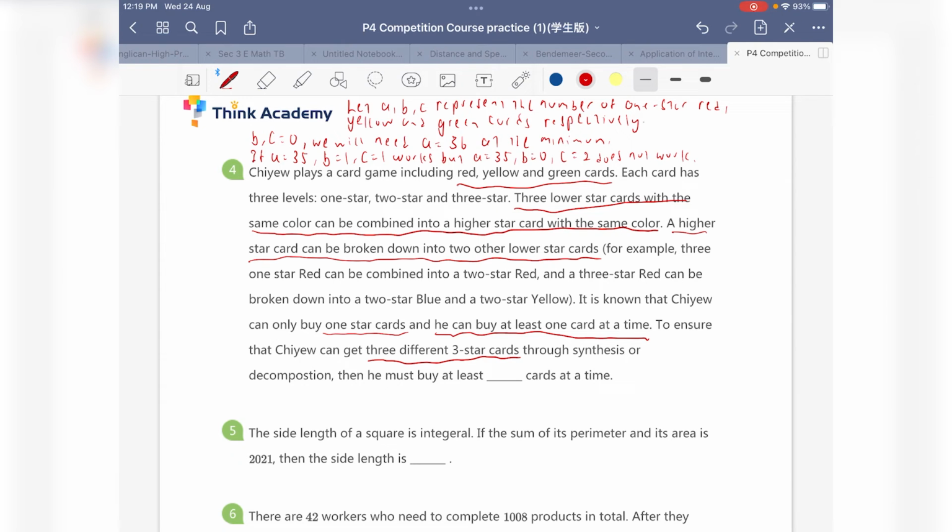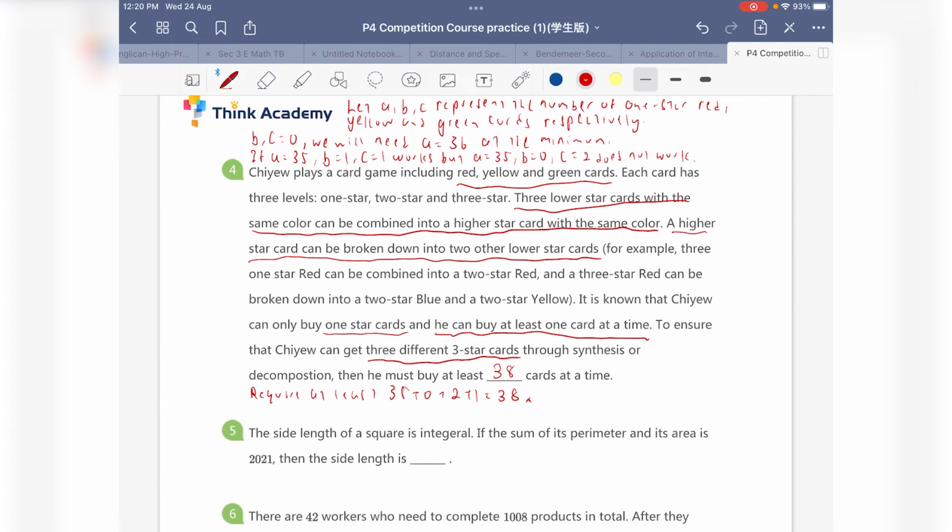If 35, 0, 2 does not work, and we just need one more card for it to work, the worst case scenario will be we need to have at least 35 plus 0 plus 2 plus 1 equal 38 cards at a time.